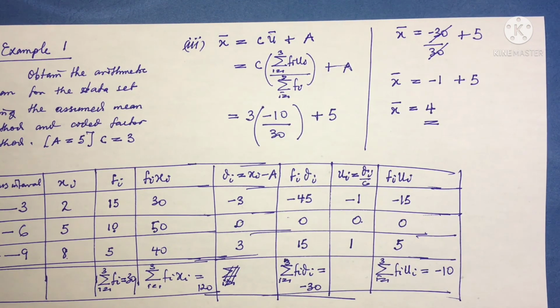That is not to say it is wrong. That is to tell you that because of the approximations, some values have been lost. So that will make the assumed mean method and the coded factor method produce values of the arithmetic mean that slightly deviate from the value produced by the normal method.